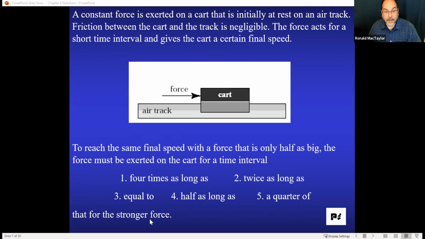And so again, we're using kinematics equations. We're trying to figure out the acceleration that will give us the same final speed, but now the force is only half as big.